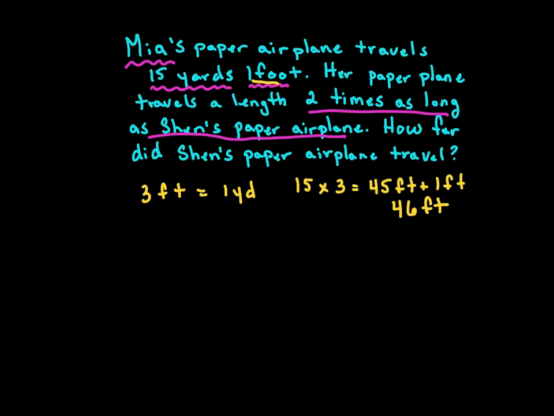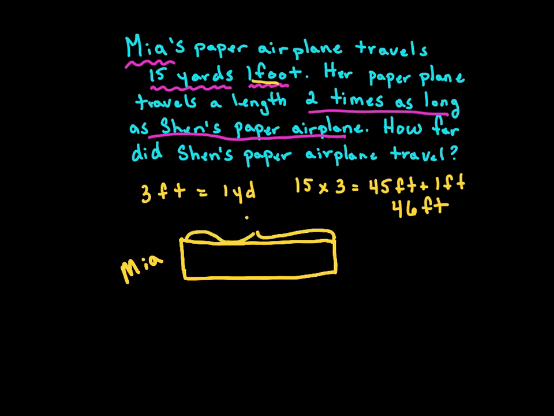So if we continue and we make a tape diagram, this is representing Mia, and once we did the conversion, she has 46 feet. But Shen, remember we said before, he's going to have less than Mia because Mia's length went 2 times as long.